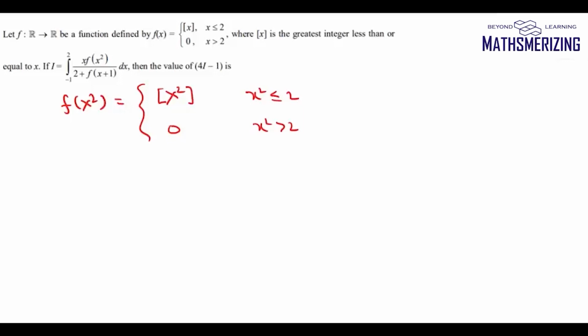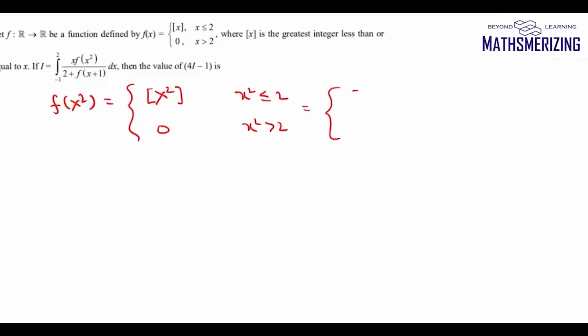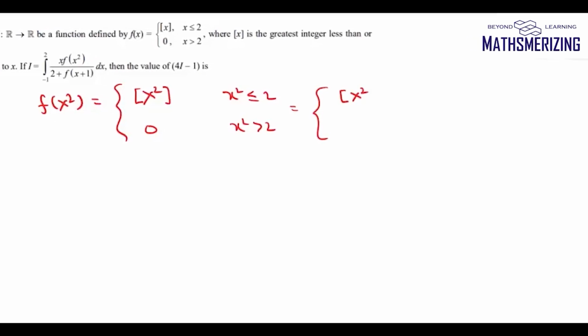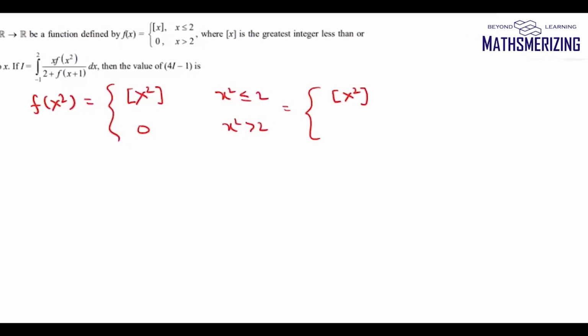Which simply means it is the greatest integer function of x² when |x| is less than root 2, that is when x lies between minus root 2 and plus root 2, and it is 0 when either x is less than minus root 2 or when x is greater than plus root 2.